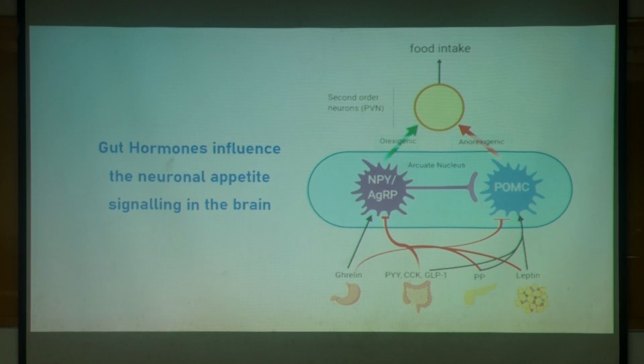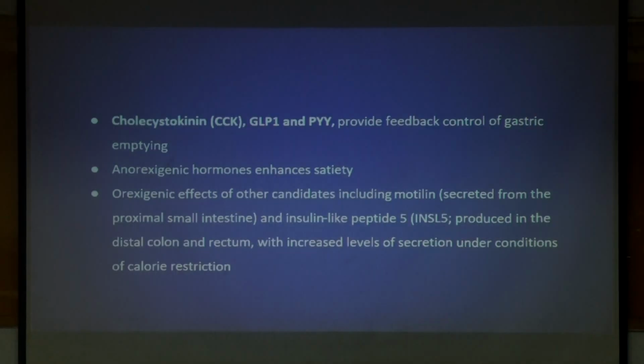The other aspect is POMC, which has an anorexigenic pathway, so it suppresses this. Both act on the second order neurons in the hypothalamus, thereby reducing food intake. This is a complicated picture which demonstrates the relationship between the brain and the gut, and how the signaling pathways act in the brain in response to the food we take.